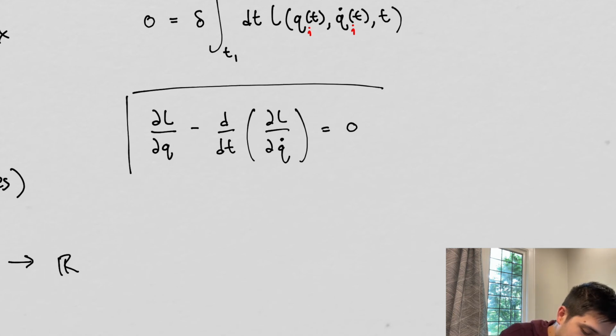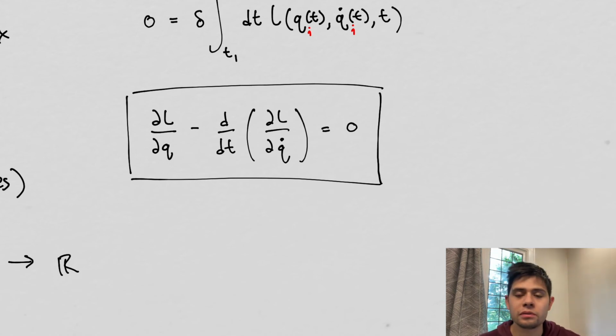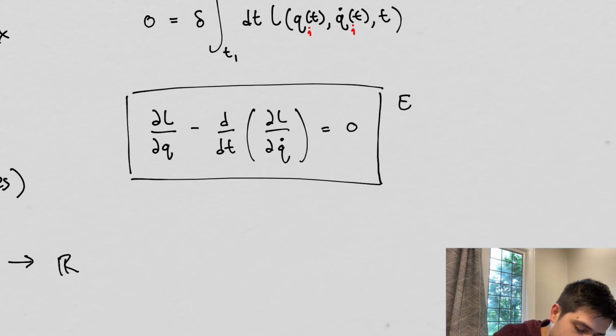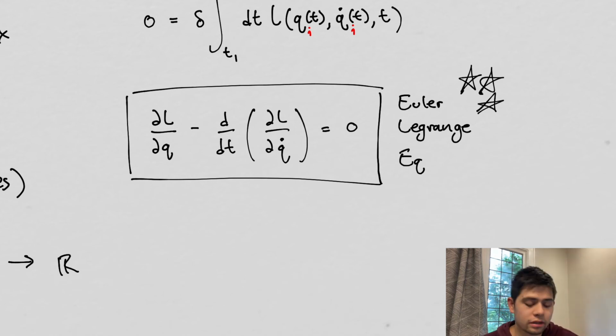Again, if people are interested in me deriving this, you can go onto my Patreon page where I will have a video deriving the Euler-Lagrange equation. This is one of the biggest, most important equations that come out of this principle of least action.